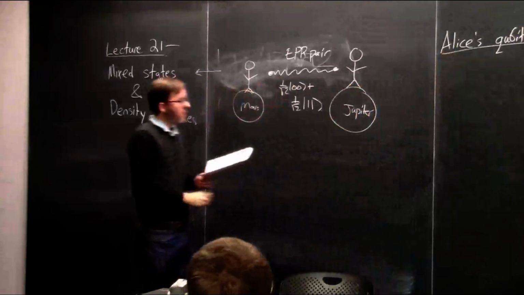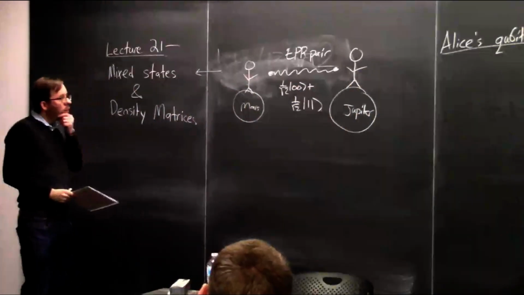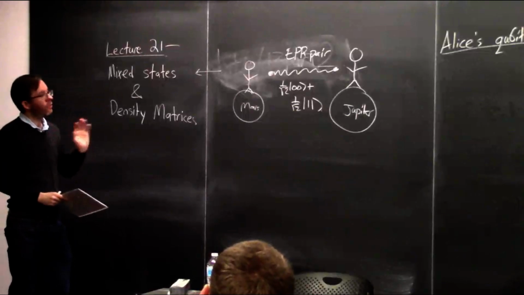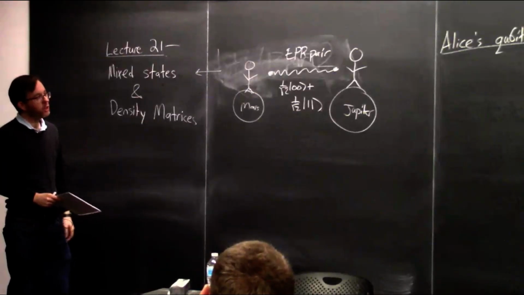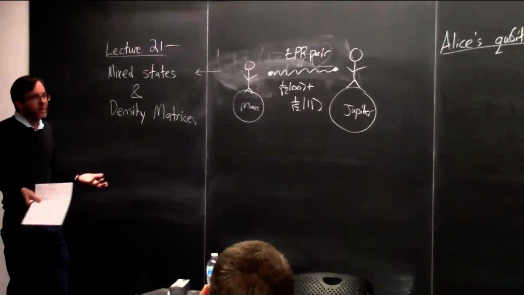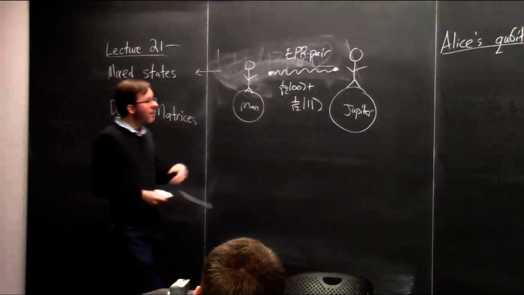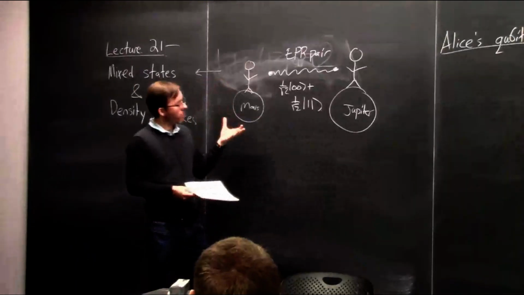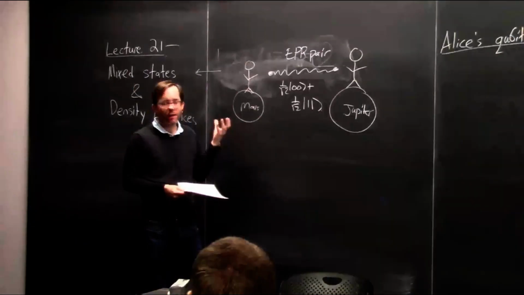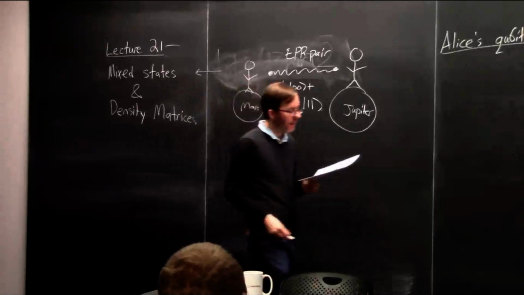And we're going to try to make sense of that. So one way you could think about it is that if Bob's just hanging out by himself on Jupiter, for all we know, at some point in the future he might measure his qubit. And if he does measure his qubit, then in some sense we feel we understand Alice's qubit state at that point.